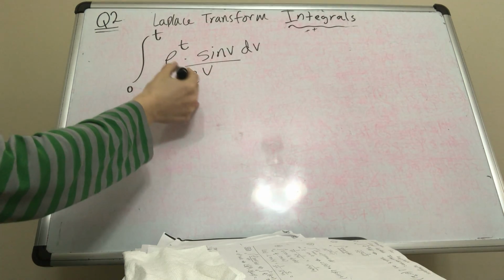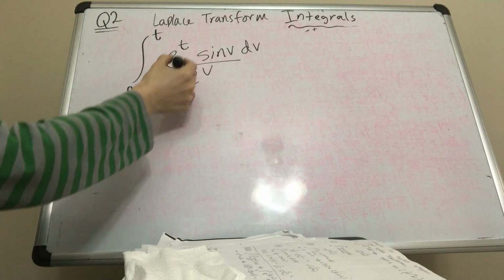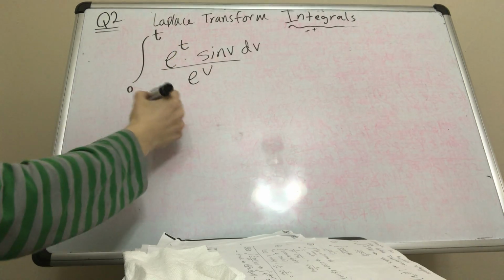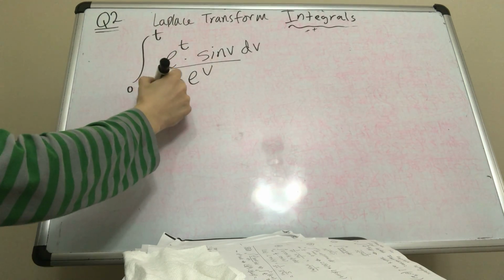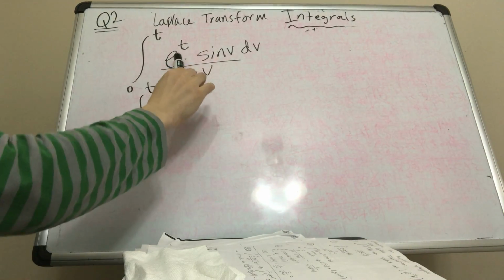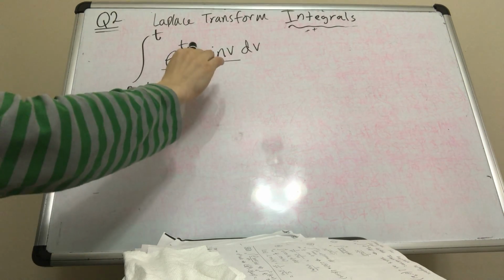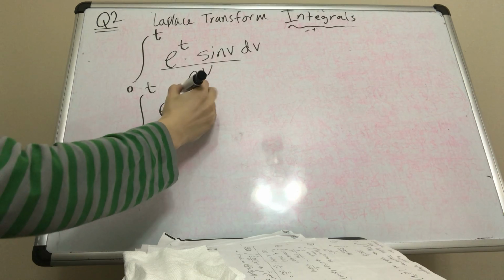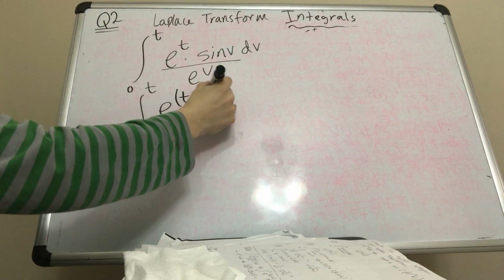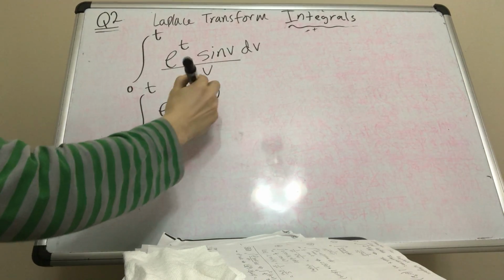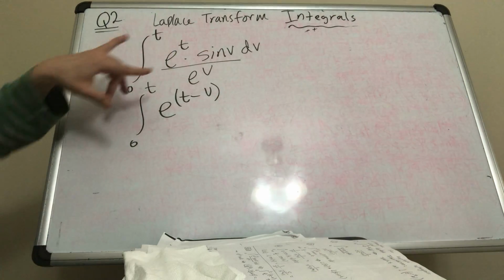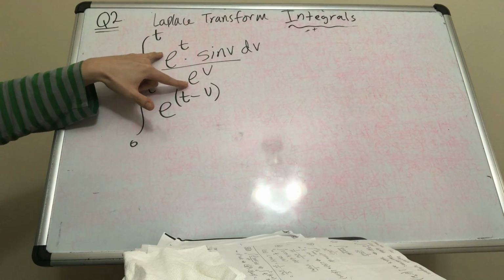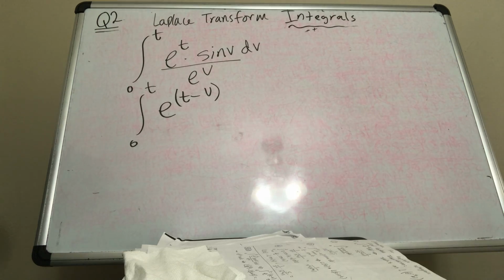Well, the trick here is e to the t over e to the v, because when you divide similar terms, you subtract the exponents. So e to the t over e to the v is e to the t minus v.